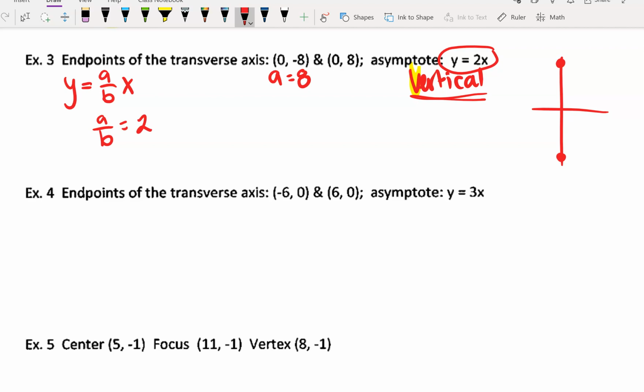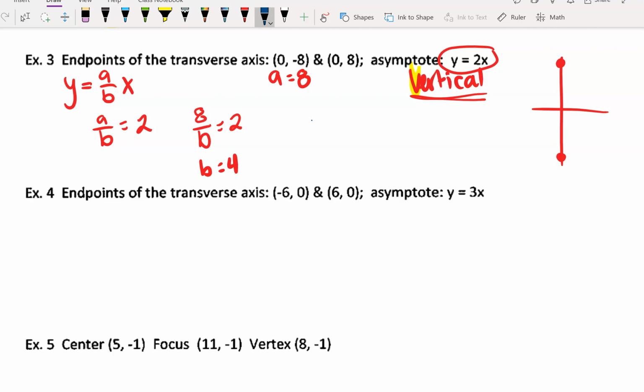Well, we know a is 8, so we can plug 8 in for a. So it's going to be 8 over b equals 2, which means if I just multiply both sides by b and then divide both sides by 2, we end up with b equals 4. So our b value should be 4, and that's all the information that we need.